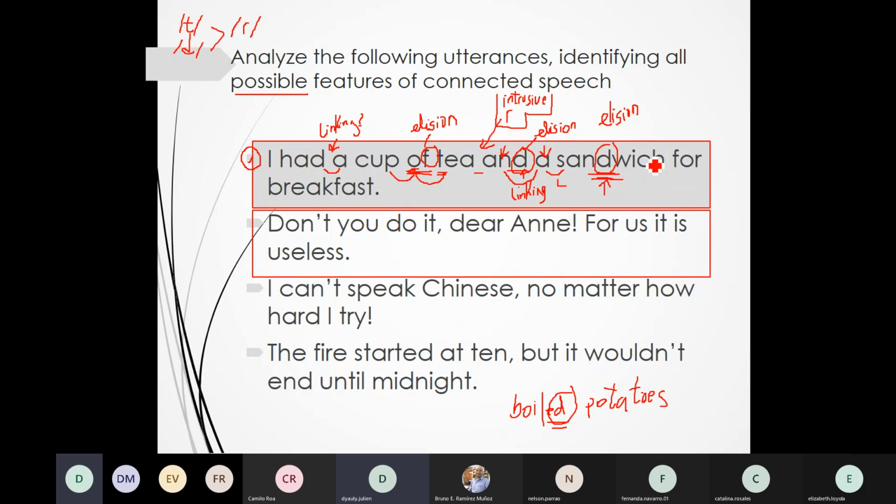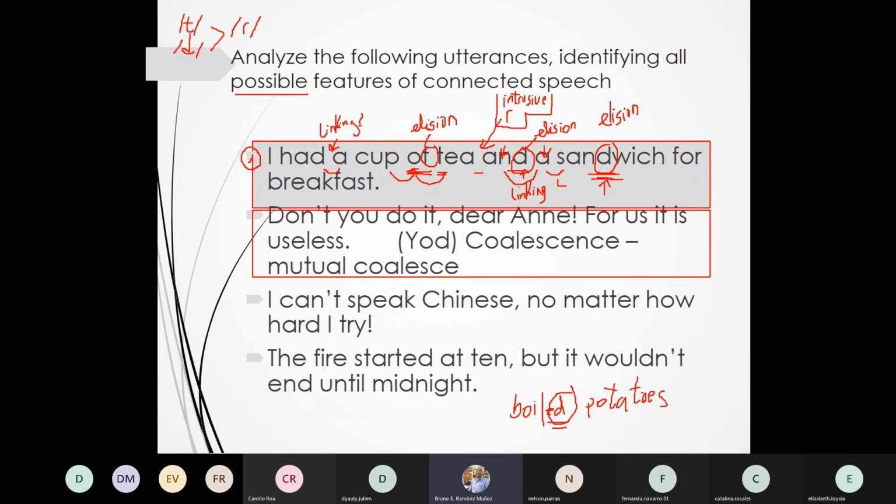Was it coalescence? Yes, coalescence. Exactly. Some people call it yod coalescence, and other people call it mutual coalescence. Sorry if the spelling is not right.